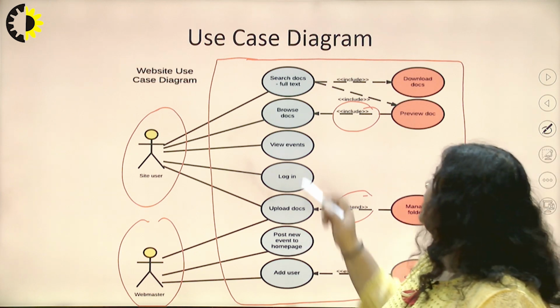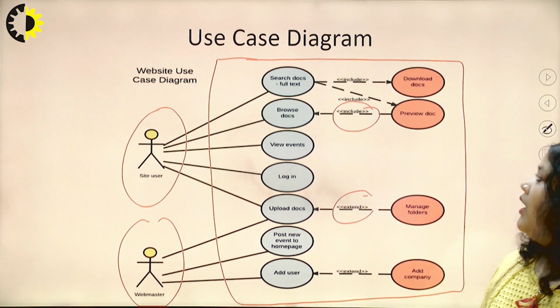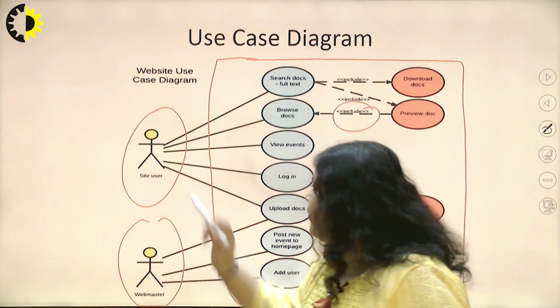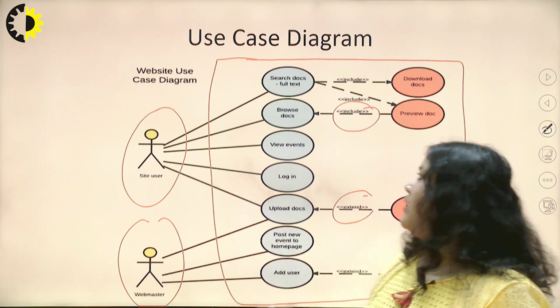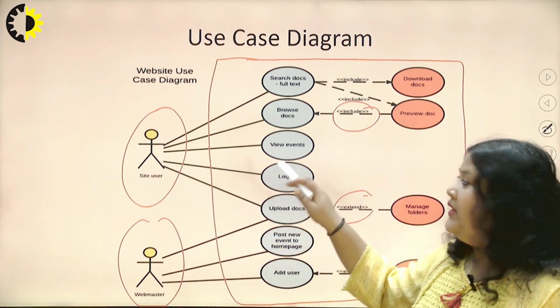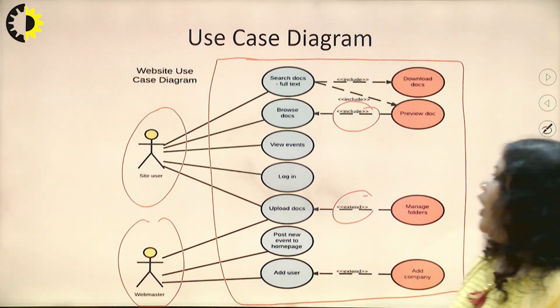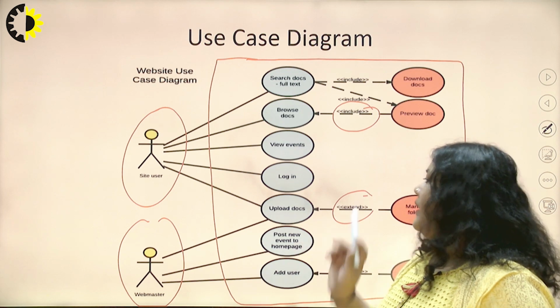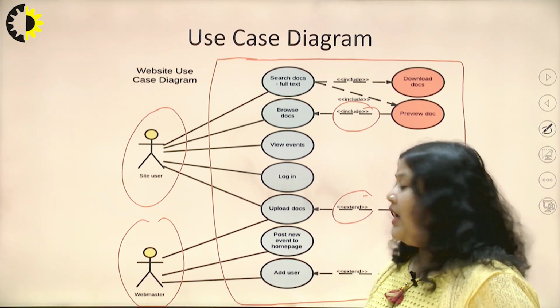For example, suppose this is the use case diagram of a website. These are the site user and the webmaster, who is the admin. What does the user want from the system? Search the documents, browse the documents, view events, log in, and upload documents. And what are the basic criteria of the admin part?